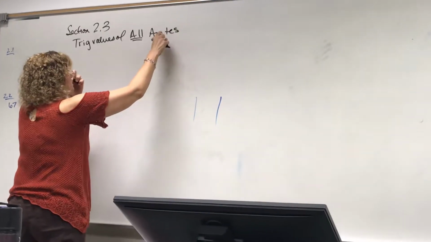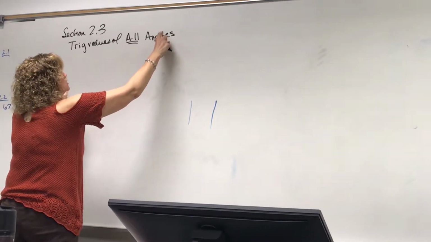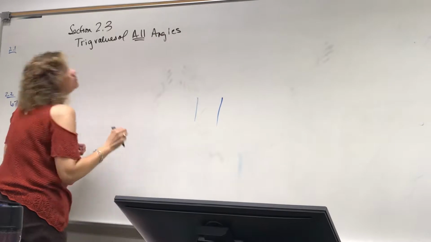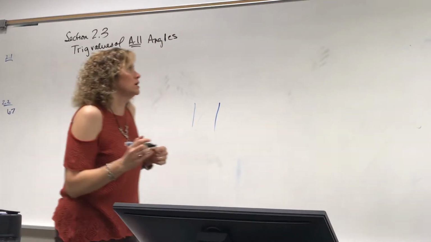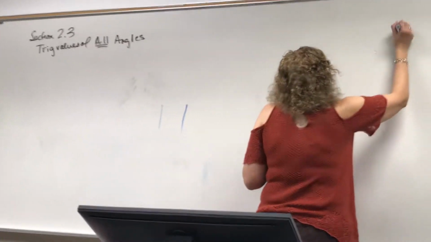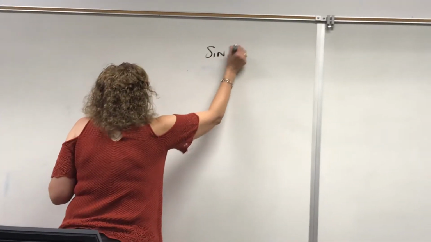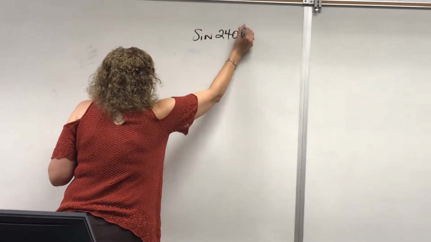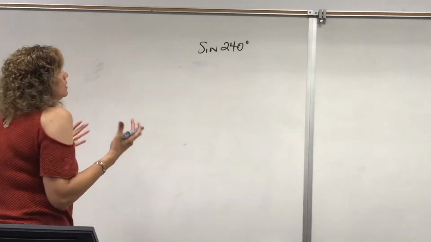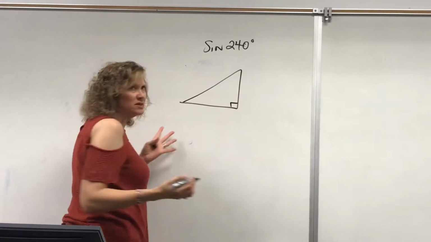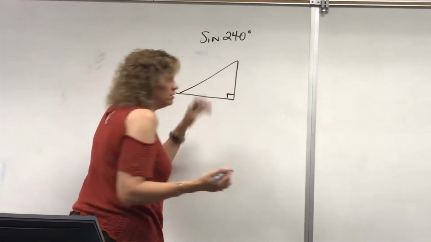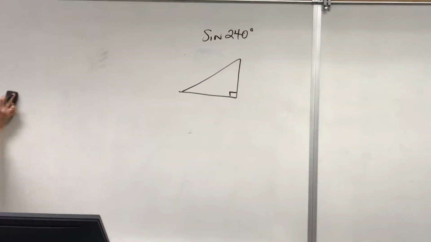For example, we are in a few minutes going to figure out what the sine of 240 degrees is. We can't use a right triangle because our angle isn't even involved in a triangle.